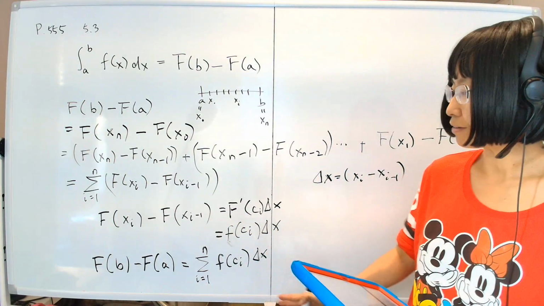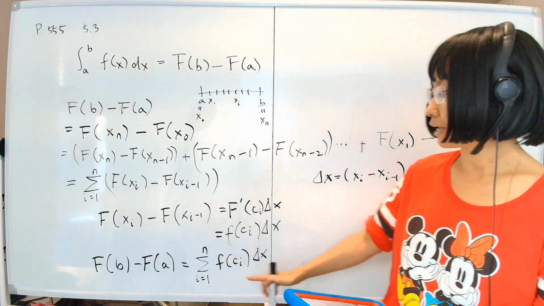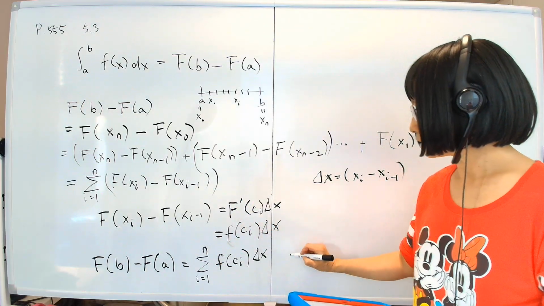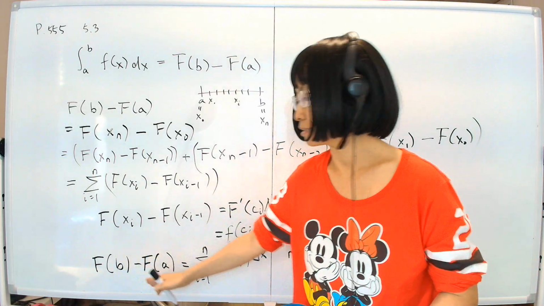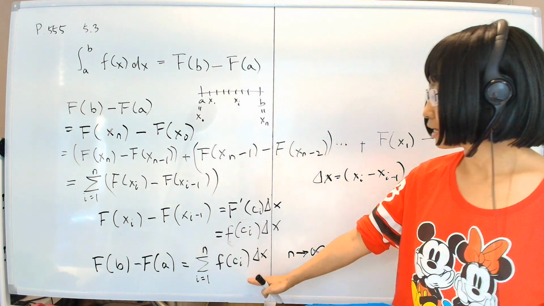So now we have the Riemann sum. Now we're going to let n go to infinity. Okay, as n goes to infinity on both sides, this side doesn't change because this side is just two fixed values. This side goes to what?